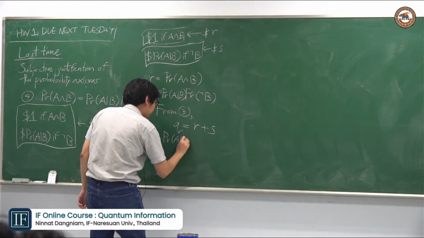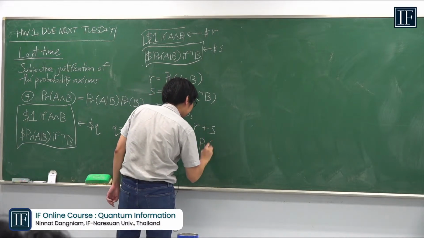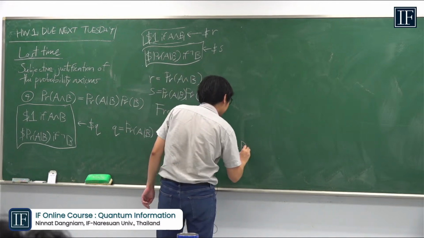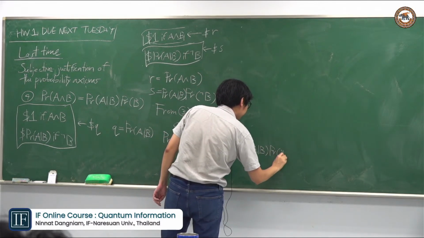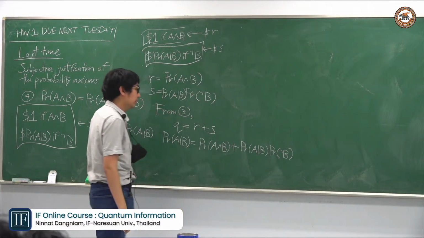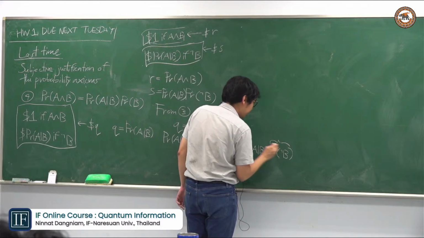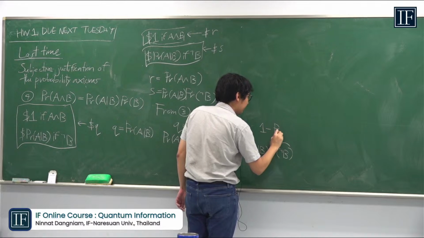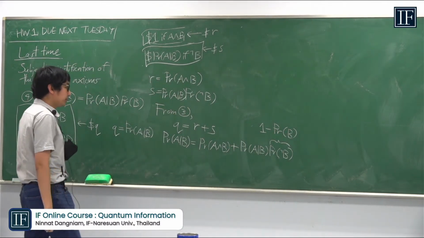So let's plug in the value. Then, as you would prove in your homework from other axioms, this is just 1 minus the probability of B happening, right?